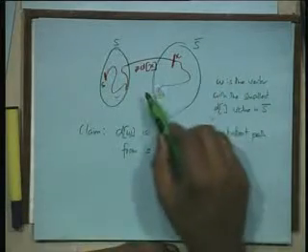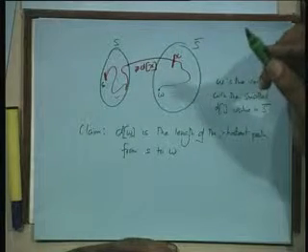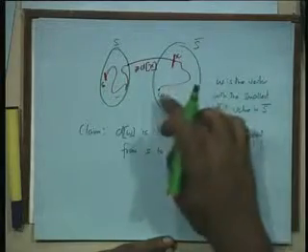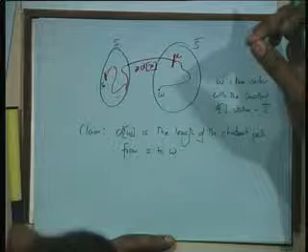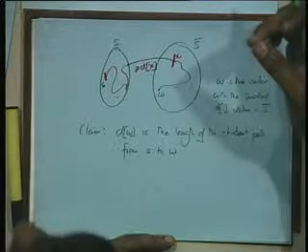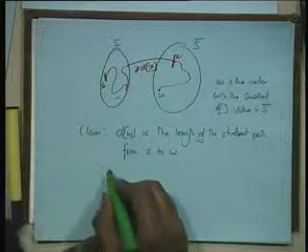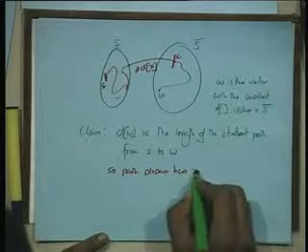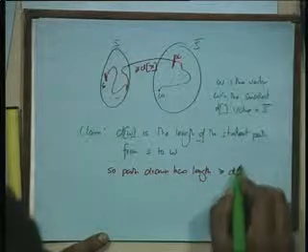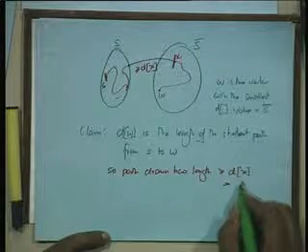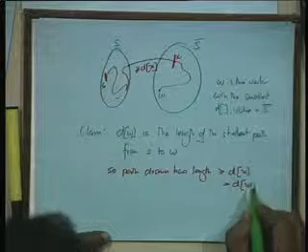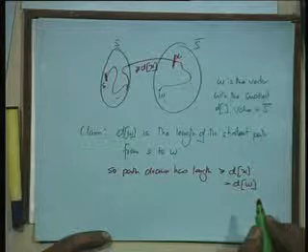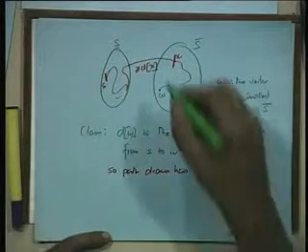So, which means the entire path has length at least d of x. Here I am using the fact that edge lengths are non-negative. So, this entire path that we have drawn has length greater than or equal to d of x, which is greater than or equal to d of w, maybe they were the same distance labels.